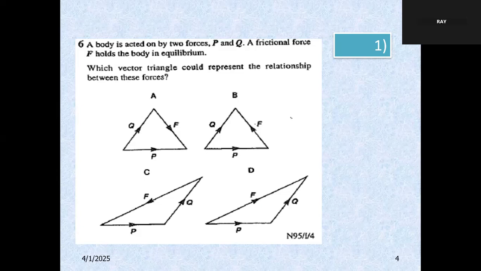The key is equilibrium. Equilibrium must be C. This one shows that P is the resultant of Q and F. This one, Q is the resultant of P and F. This one, F is the resultant of P and Q. So these must all be in one direction, either clockwise or anti-clockwise.